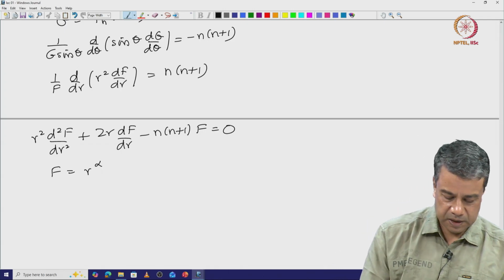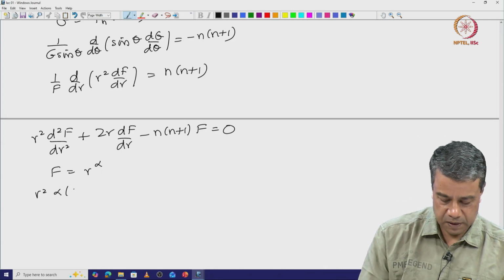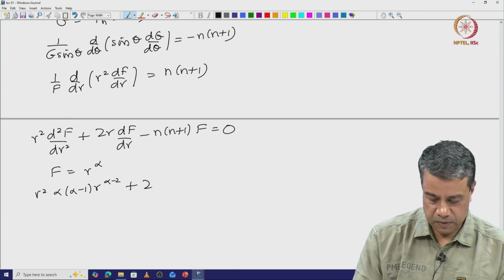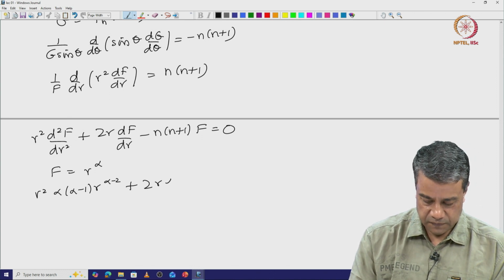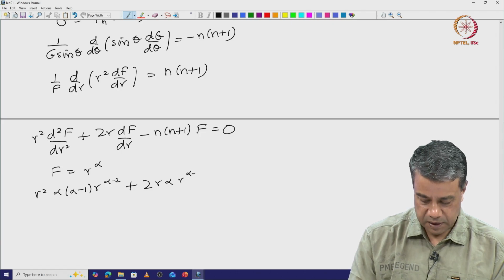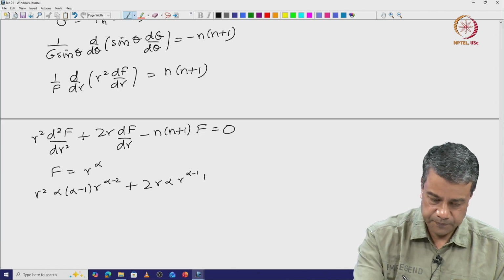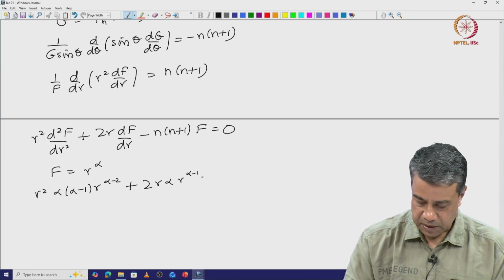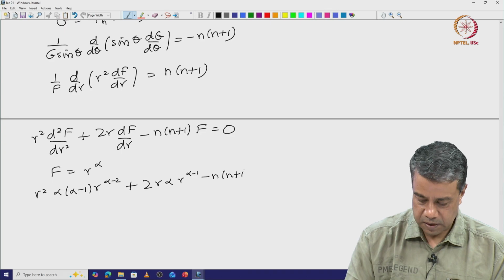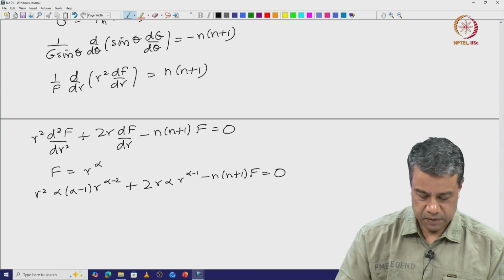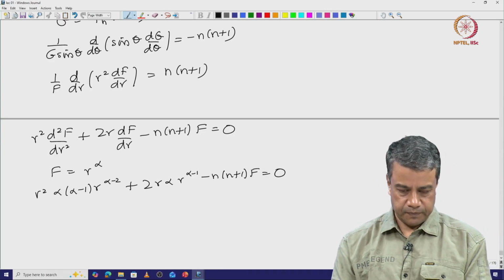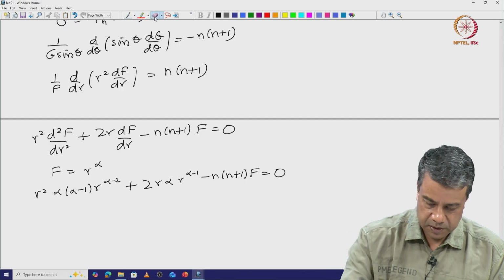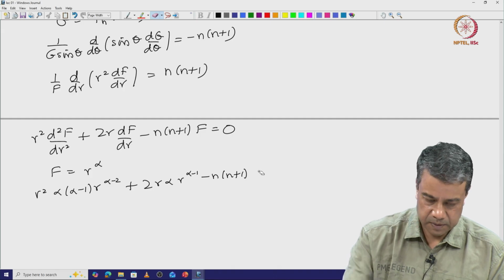So, the first term will give r square alpha into alpha minus 1 r power alpha minus 2 plus 2 r alpha r power alpha minus 1 minus n into n plus 1 r power alpha, this is equal to 0.